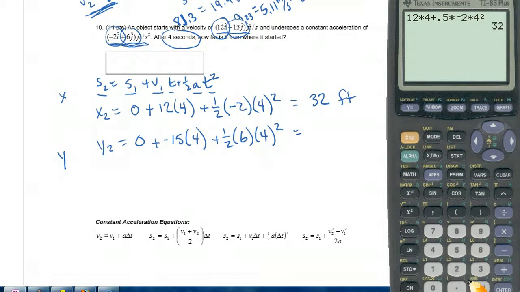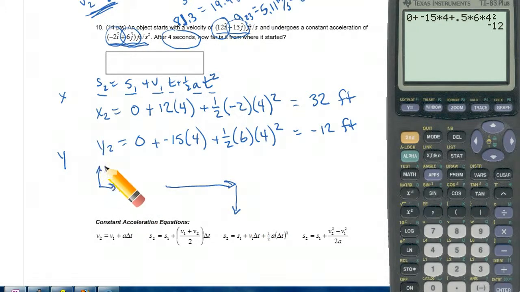Now y is going to be 0 plus, not sure why I did that, minus 15 times 4 plus 0.5 times 6 times 4 squared. It's going to be minus 12 feet. Okay. Cannot just add these two up. That's 32 feet in the x, minus 12 in the y.